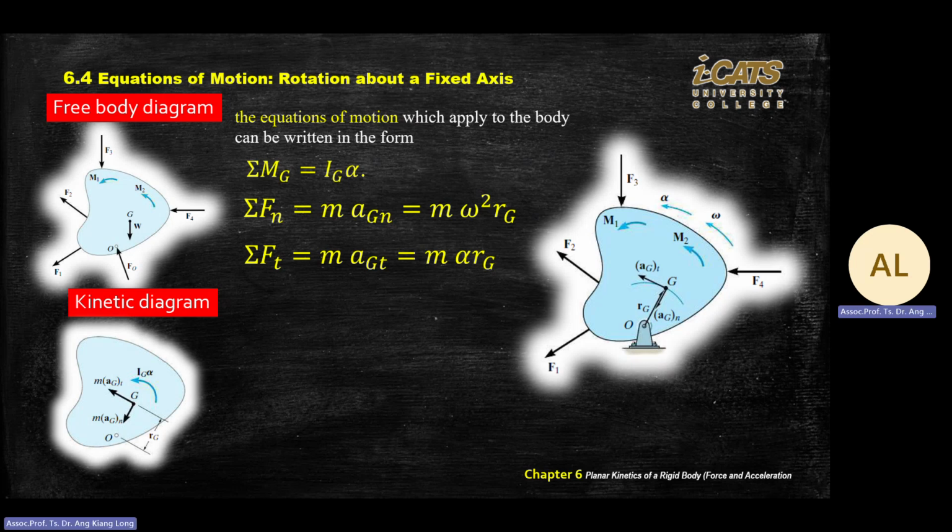If you see I_G directly, it means the point O is at the center of mass G. They are at the same point, then your m d square is 0, your d is 0. Then this one is just repeating what you learned previously. F equal to ma. You just convert an equal to omega square r, at equal to alpha r. Then the rest of the procedure is the same as in the previous example.